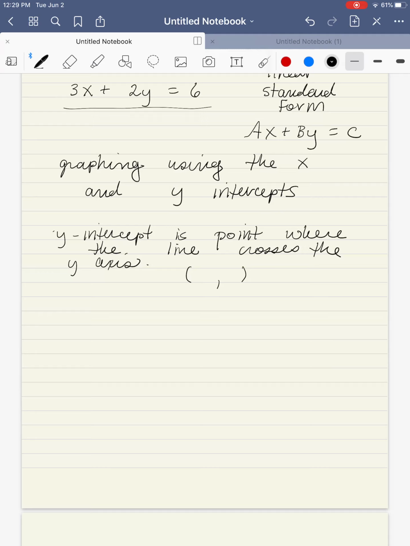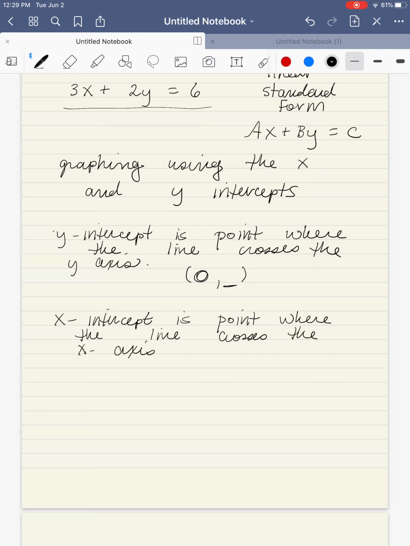And because it's on the y-axis, x is not going left or right at all. We know that's always going to be a point 0, something. If we have the x-intercept, is the point where the line crosses the x-axis.